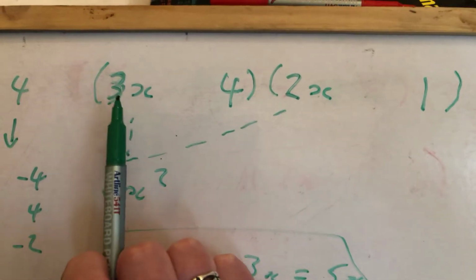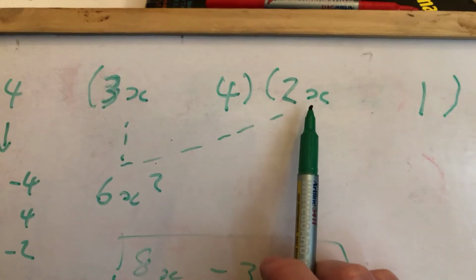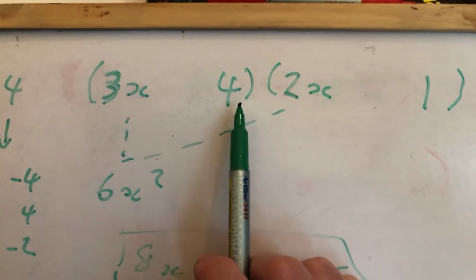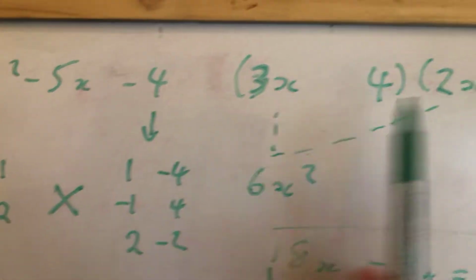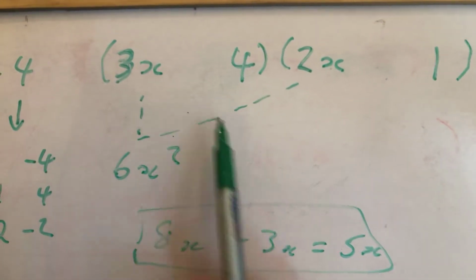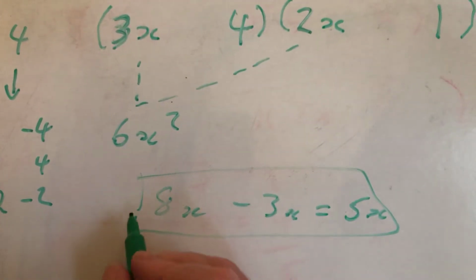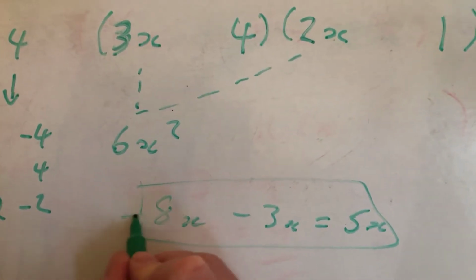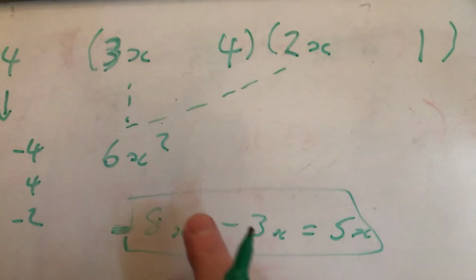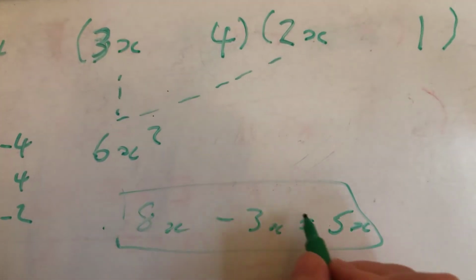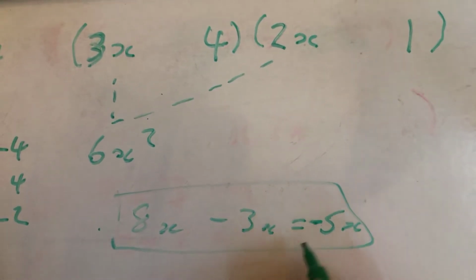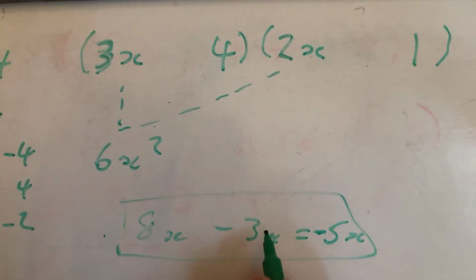So that gives us 3x times 2x is equal to 6x squared, and 4 times 1 is equal to 4. We need to work out what goes in the middle, because we've got the 5, so we know it's going to have to be a minus 5x.